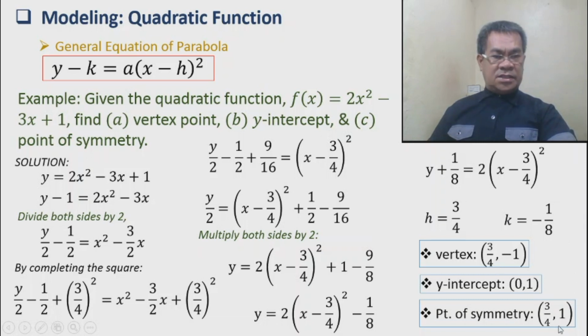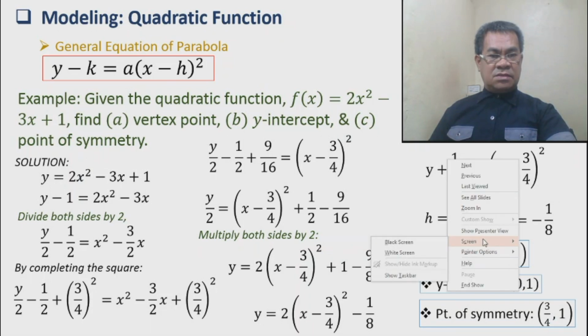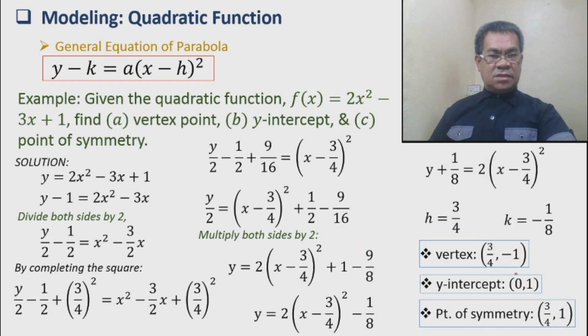So by the way, this must be times 2. So this should be 3 halves, sorry. This must be 3 halves. Okay? So change this to 3 halves because we need two times 3/4.